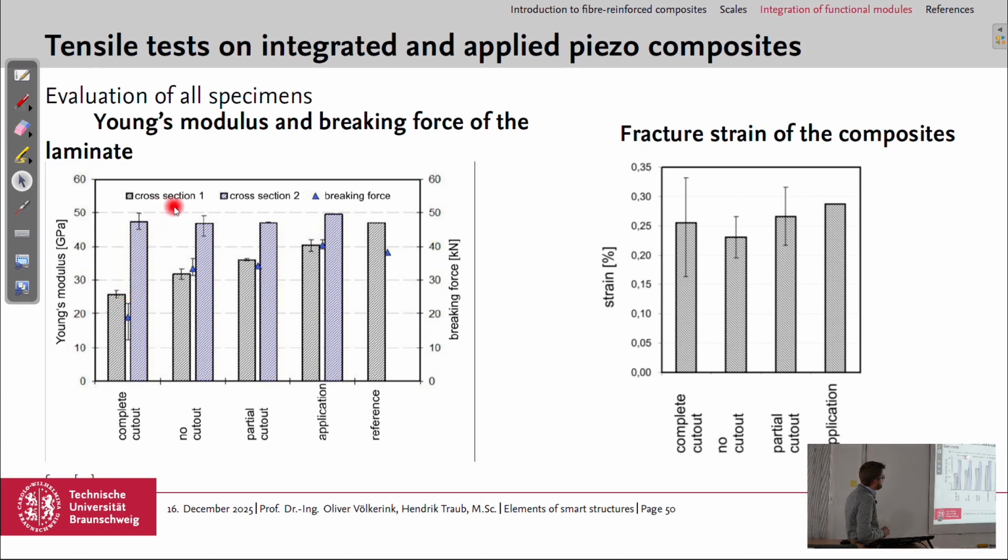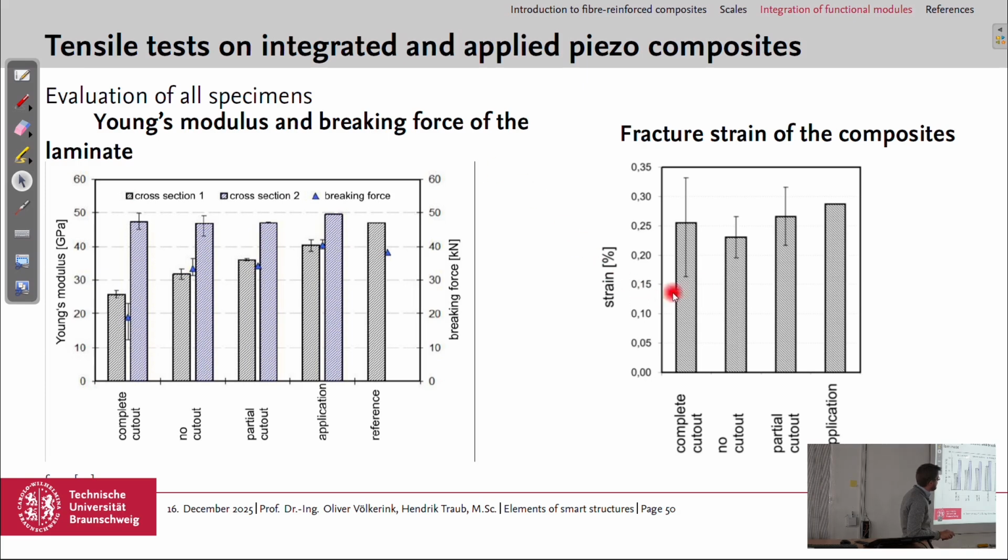Then you can see that in cross-section 1, cross-section 2 is the higher modulus. It's the undisturbed region. It's nearly the same, so not affected. But in cross-section 1, where the strain gauge is applied in the region where the functional module is, the lowest stiffness is by the complete cutout, and the partial cutout has the lowest impact on the stiffness, but even the application leads to a lower stiffness.